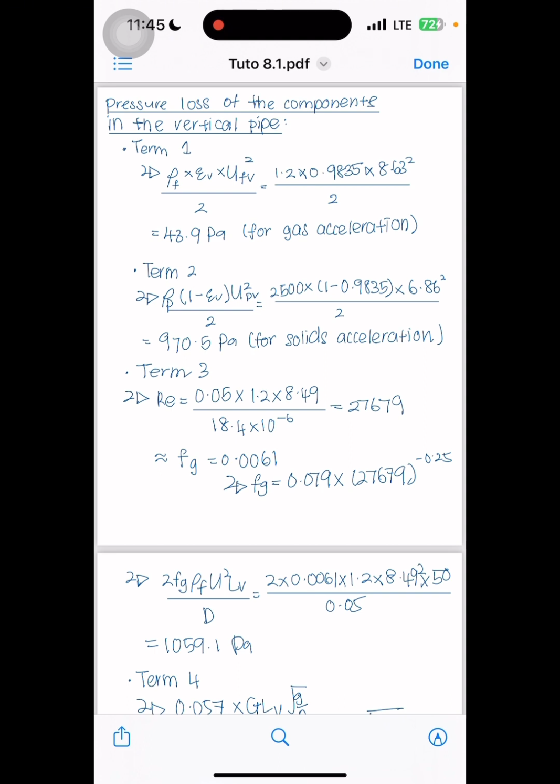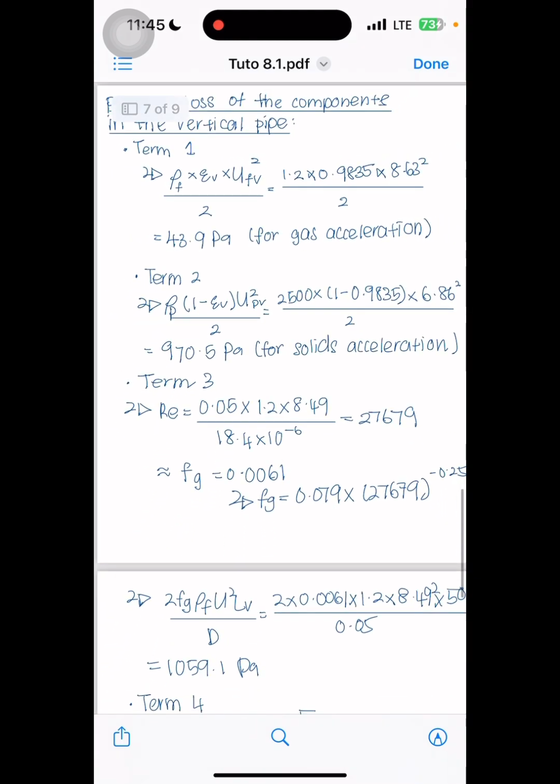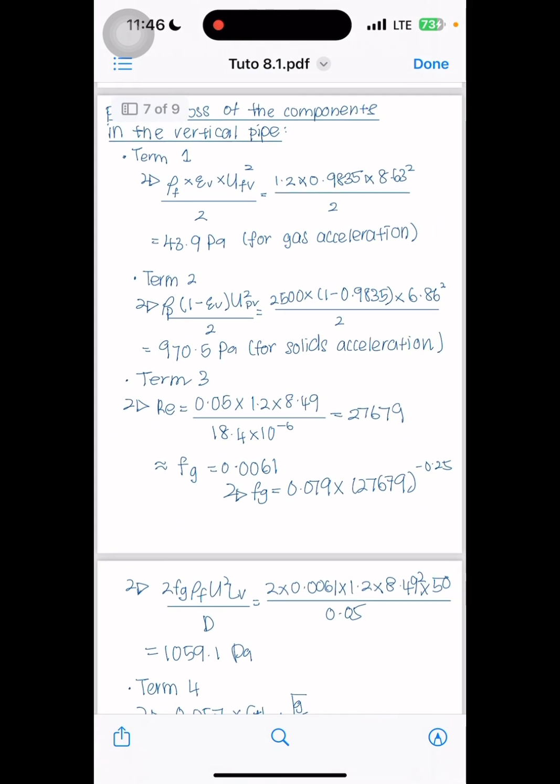I will proceed with exercise 8.2 on the pressure loss of components in the vertical pipe. First, let us calculate the gas acceleration by using this equation as shown in the slide. By substituting all the information given into the equation, we obtain the gas acceleration, which is 43.9 Pascal.